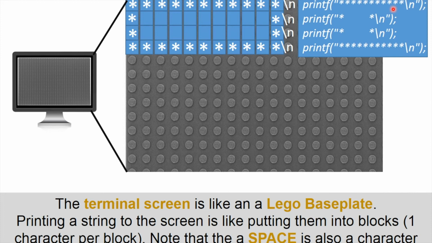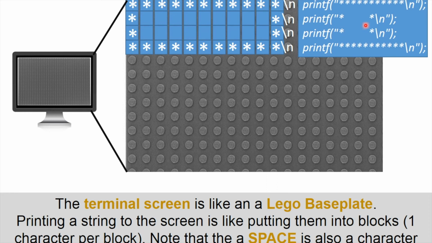It's not printable because it has been reserved. It tells printf to switch to a new line. The n means a new line. So after meeting the backslash n, printf goes to the next line and starts copying characters to blocks again. There are also several spaces, which take up blocks too, so they will be copied to the screen as well.